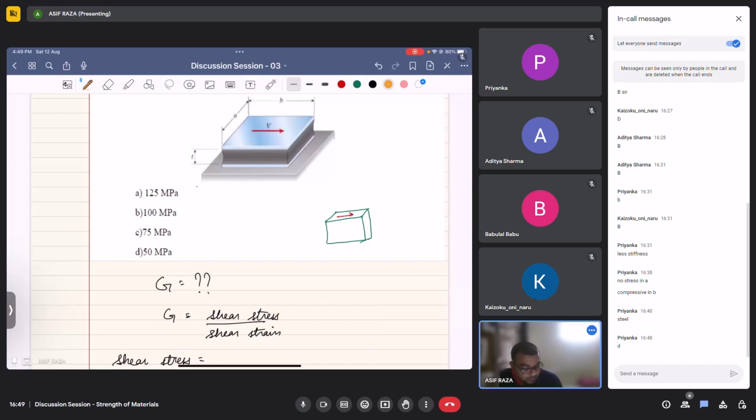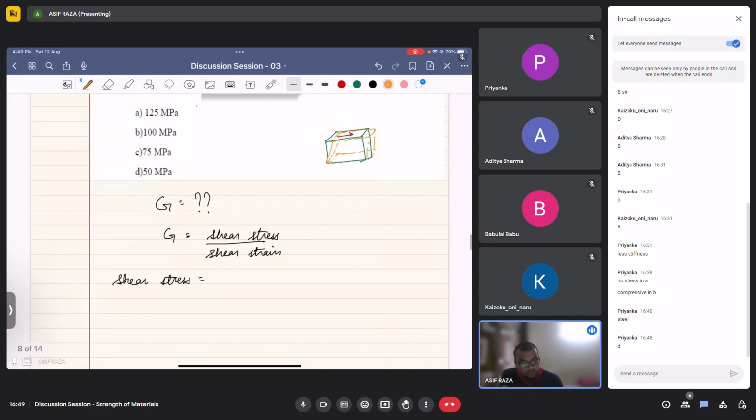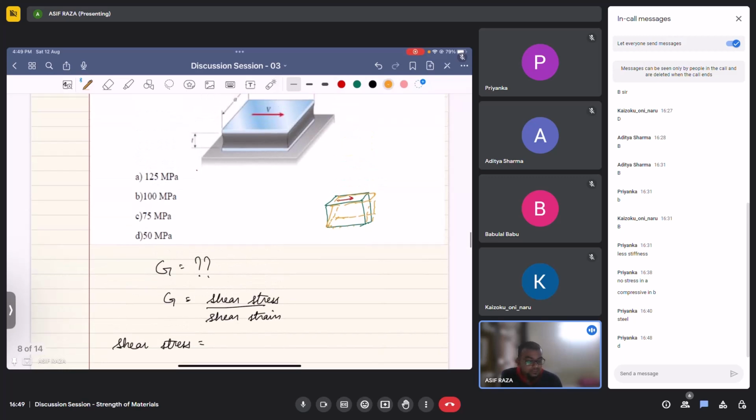This is fixed, so after a certain displacement it moves to a different position, kind of like this. So what would be the shear stress?